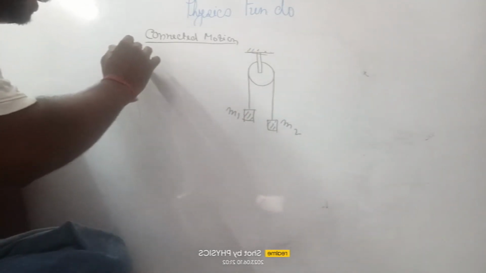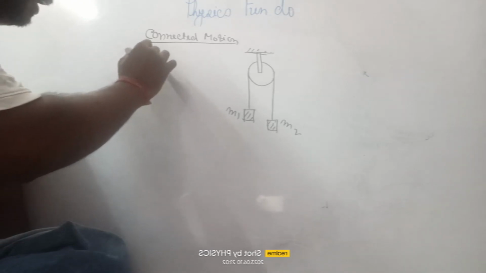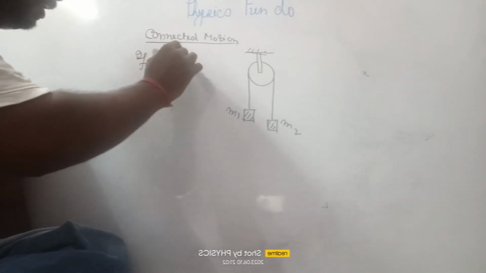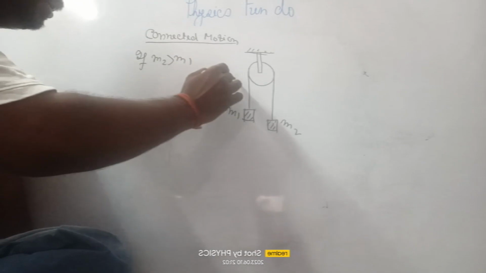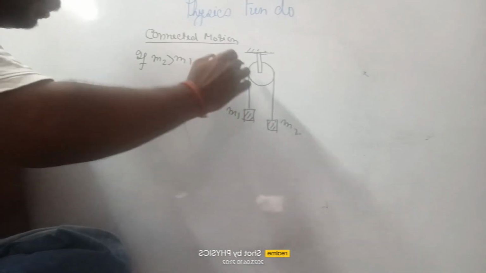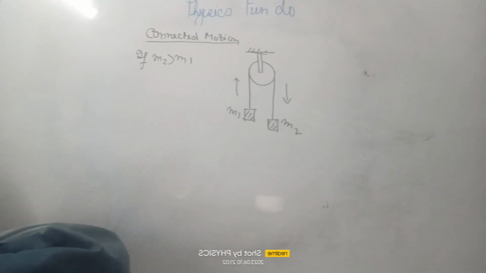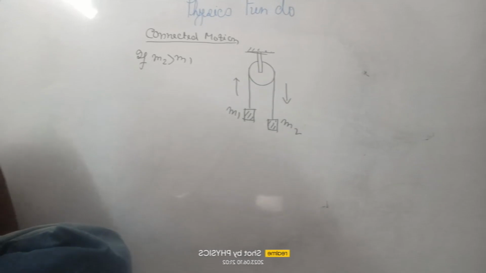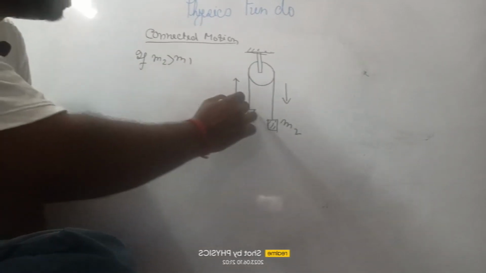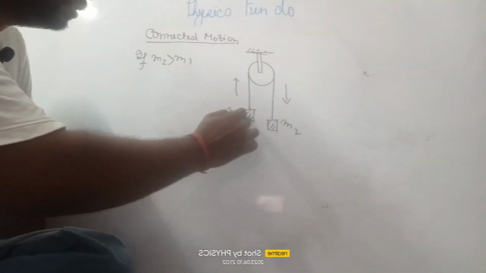If m2 is greater than m1, then the motion should be m1 in the upward direction and m2 in the downward direction. Now let's show the forces acting on the objects.